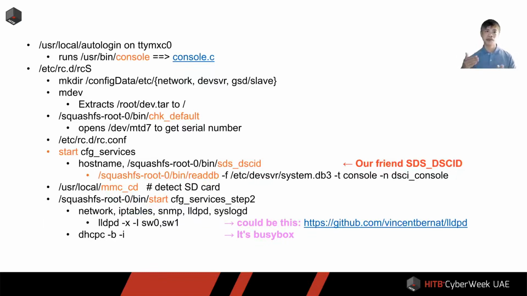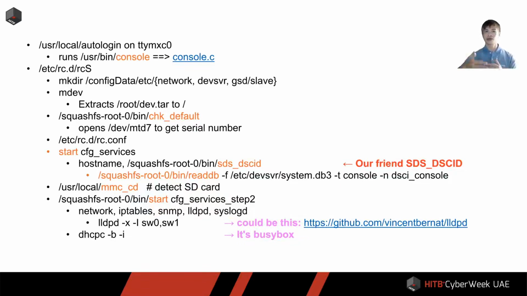Then it's running mmccd, which is a daemon that detects the insertion of an SD card. If you have the SD card inserted before this step, it mounts it first, then dumps the database to the SD card. And if you have configured it, it's also saving the log files onto the SD card.